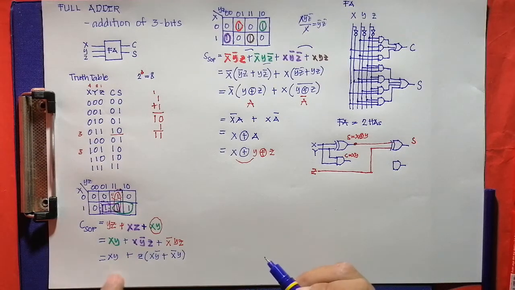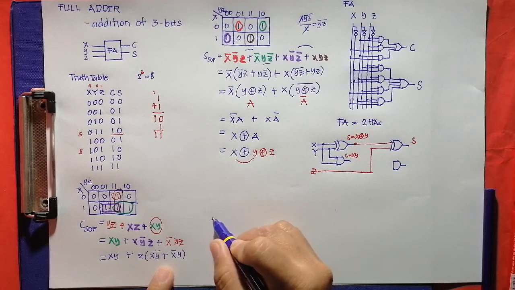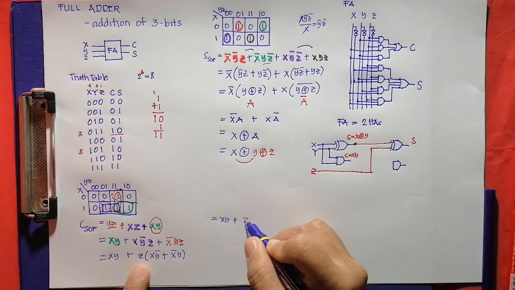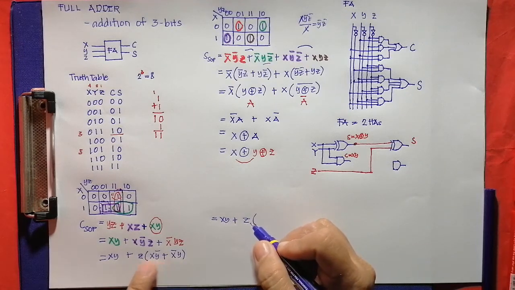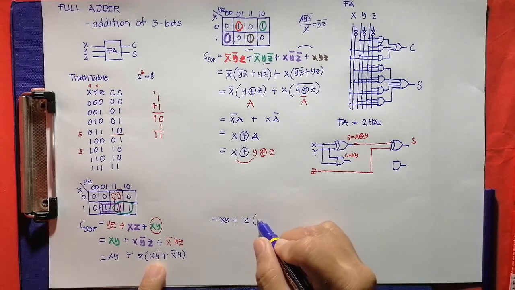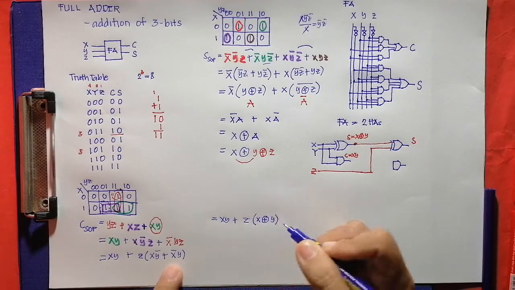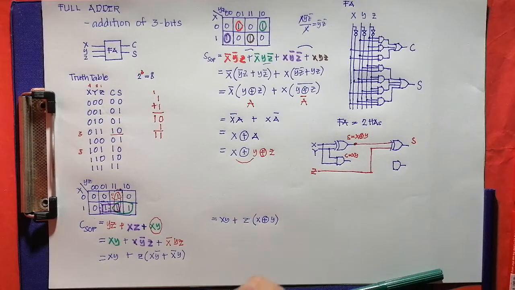Again, you would notice this is in a form of an XOR gate. So I could rewrite it as xy plus z. Okay. Now this one is an XOR gate. So I could rewrite it as x XOR y. Okay. Now, let's try connecting this one. So we have here z, x XOR y.